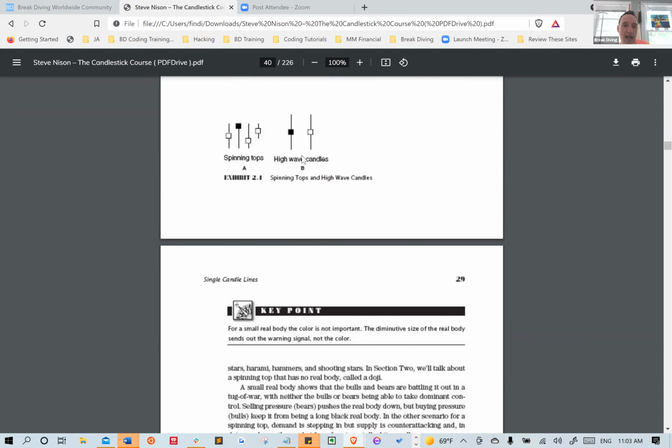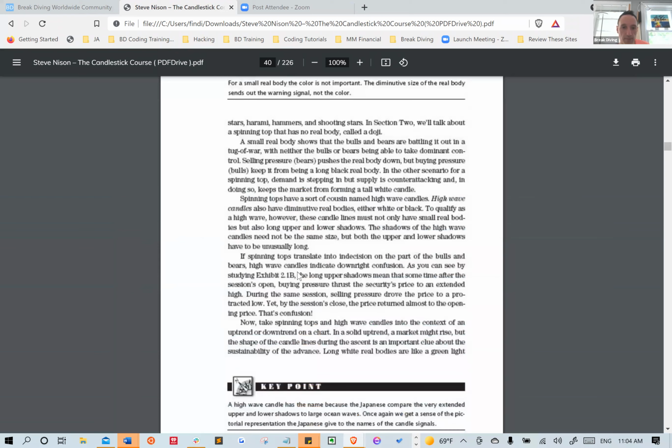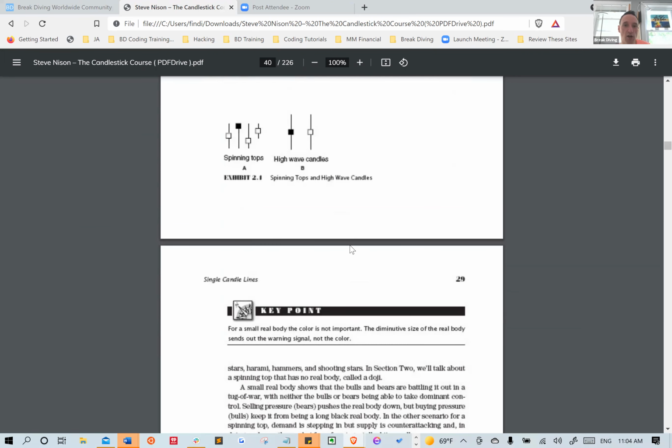To make it a high wave candle, you need a big upper shadow and a big lower shadow. They don't need to be the same size, but they have to be unusually long.